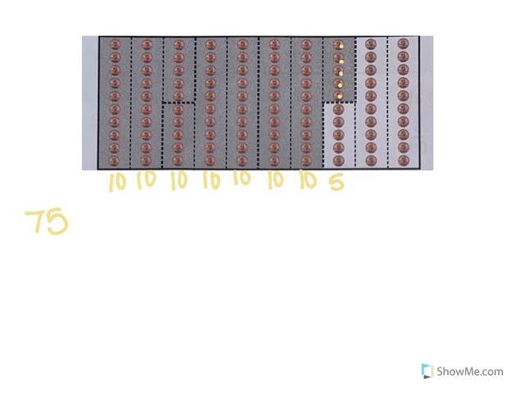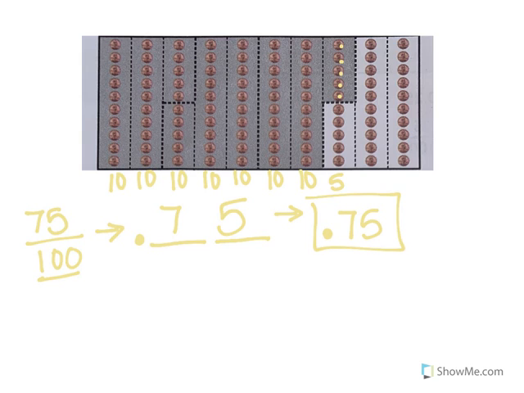Out of how many total pieces? 100. So I put that there. This will change into a decimal. Since it's the hundredths, I put tenths, hundredths, and then I write my 75 above. I can now turn that into 0.75, which is my decimal if I'm looking at it as hundredths.